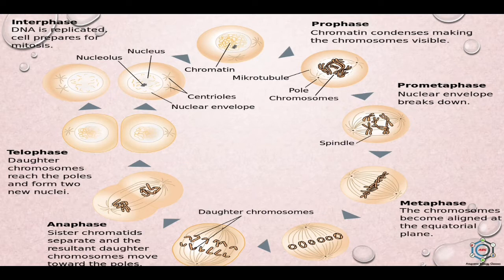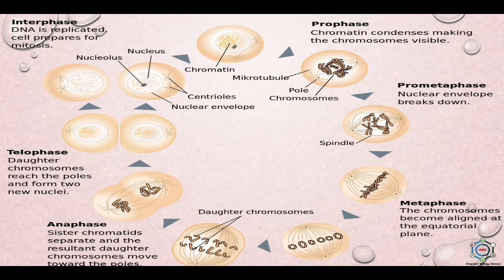So in this picture, the first one is the interphase where the DNA is replicated and the cell prepares for mitosis. After that, it enters into the prophase where the chromatin condenses, making the chromosomes visible. Then it enters into the prometaphase where the nuclear envelope breaks down. Then the metaphase where the chromosomes become aligned at the equatorial plane.